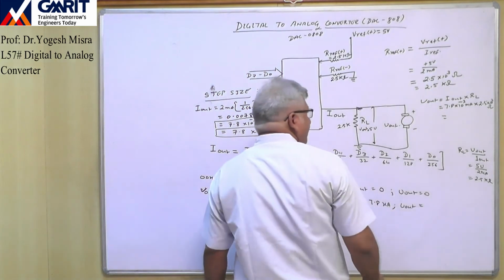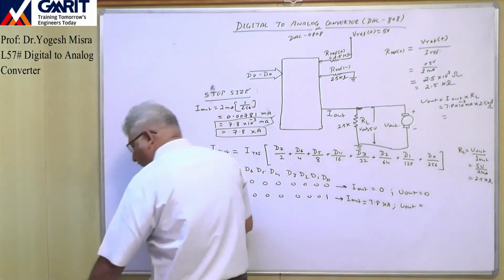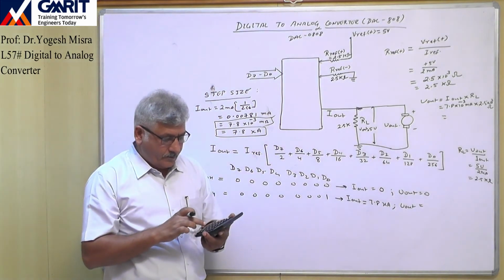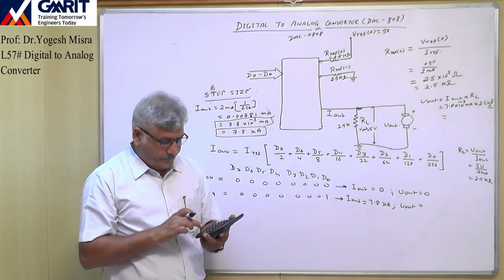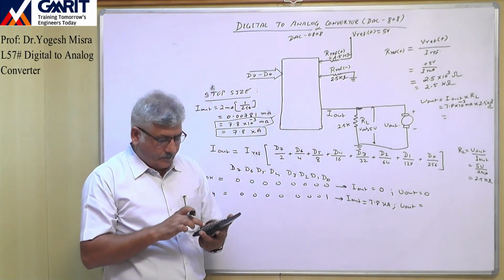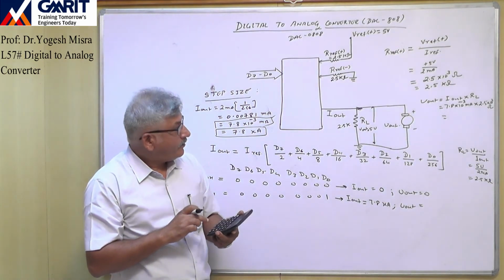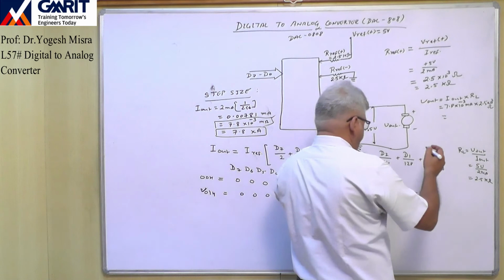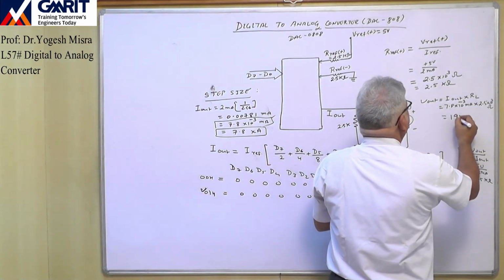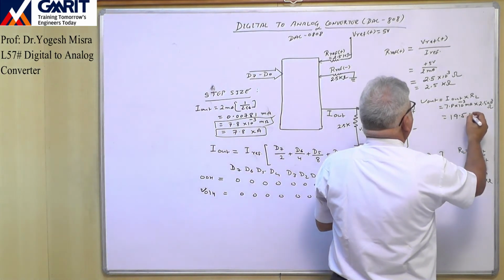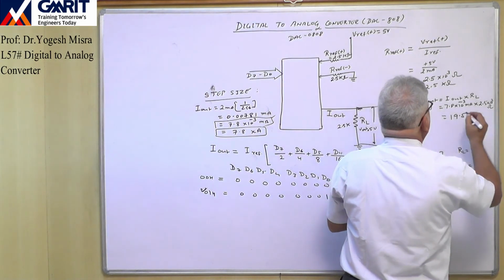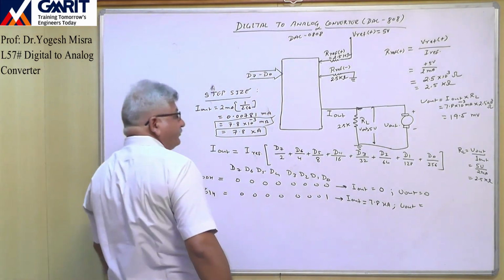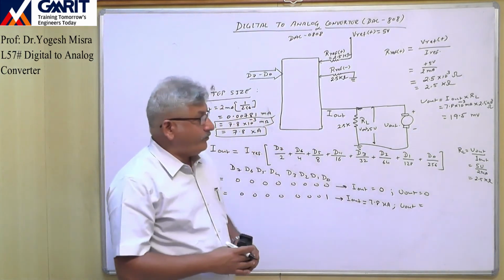So this will give 7.8 into 2.5. So this is giving 19.5 millivolt.